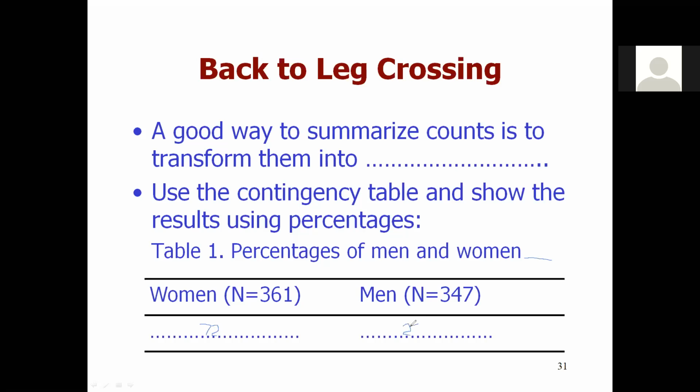Or we can choose the other one. We can say women who did not cross their legs is going to be, oh, no, it wasn't 72, right? It was something else. 64. Right? Or we can do 36 versus 72. And these are important numbers because we will use them to create a figure, because we need a figure for our results.